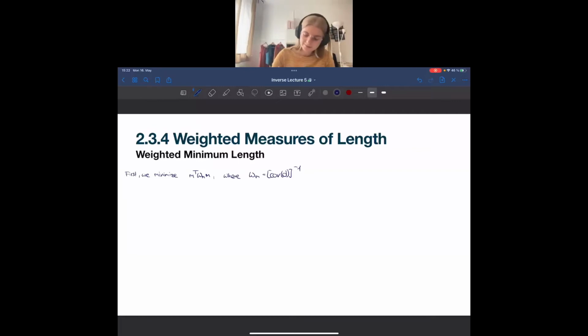So in the last week, we said we not only can do minimum length, but we can say that the estimated solution should be as close as possible to some desired or expected solution or whatever.